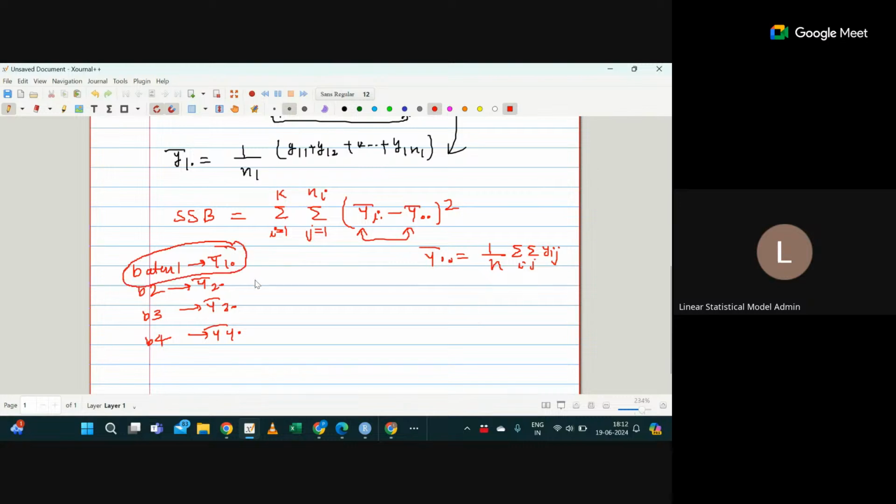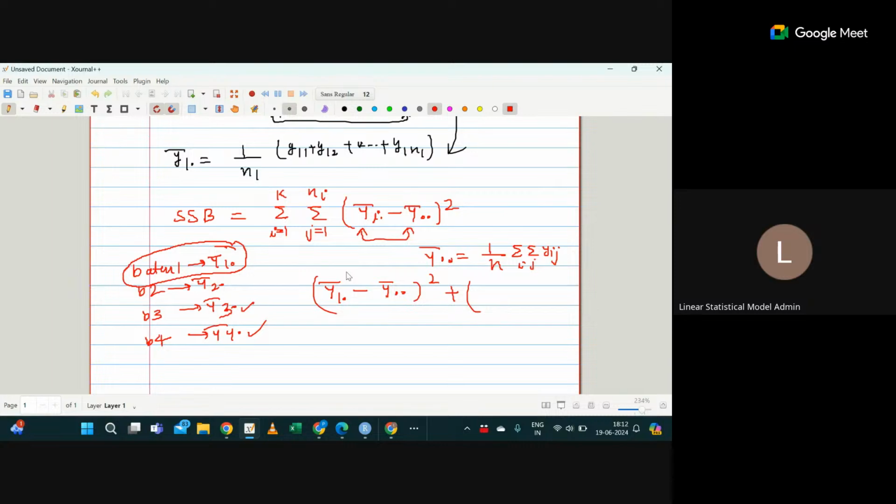Y bar 2 dot will represent the central value for batch 2, similarly y bar 3 dot, y bar 4 dot. So what we are taking here is the deviation from the total mean. This will basically give you an idea of between groups.